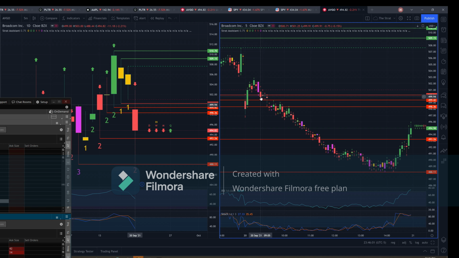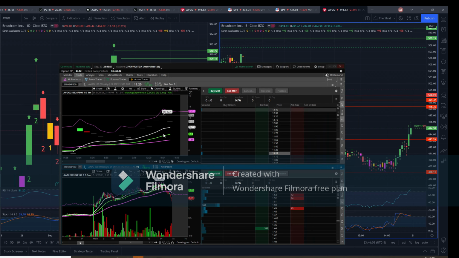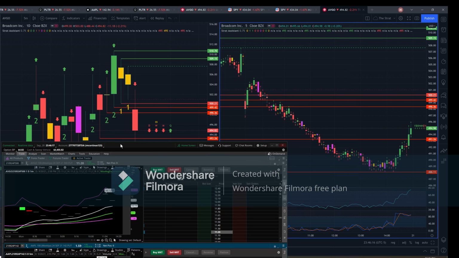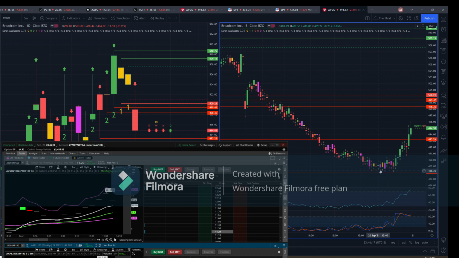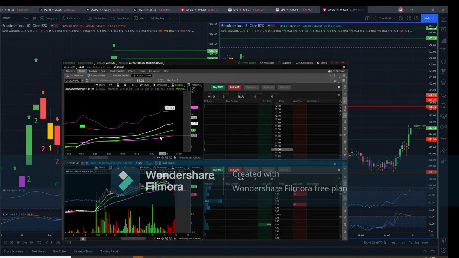So if we were to enter right here at 905, we look over here. Where is it? It was approximately trading at $8.72 for one of these options, and it bottomed out right around 2 p.m. So let's see, right around, topped out right here at a peak of 12.4.